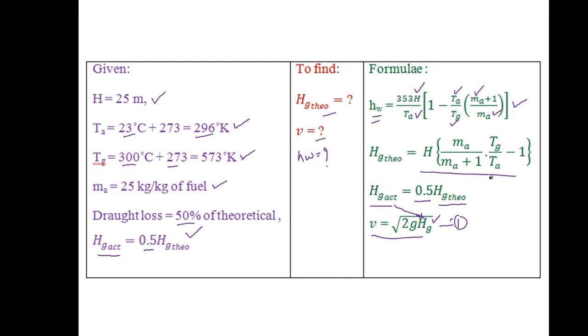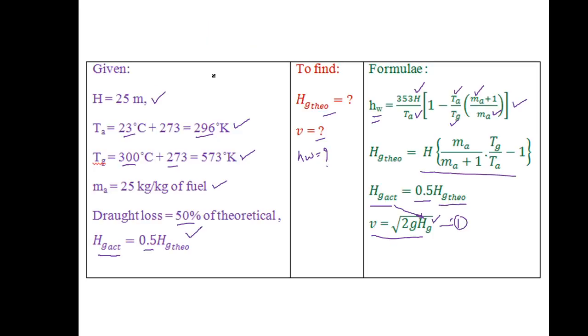So to start, we will be finding HW, the draught produced in water column. HW is equal to 353 H divided by TA, in bracket 1 minus TA divided by Tg, into (Ma plus 1) divided by Ma, close the brackets. So HW is equal to 353 into the H value.